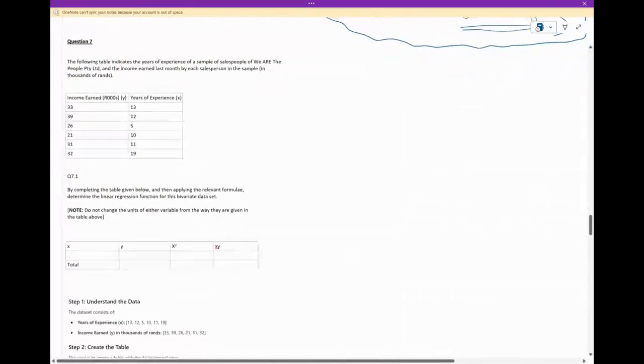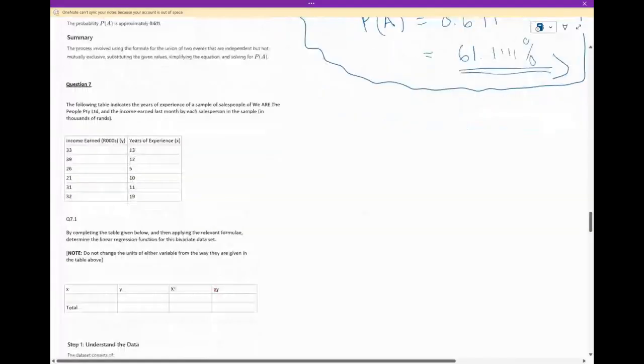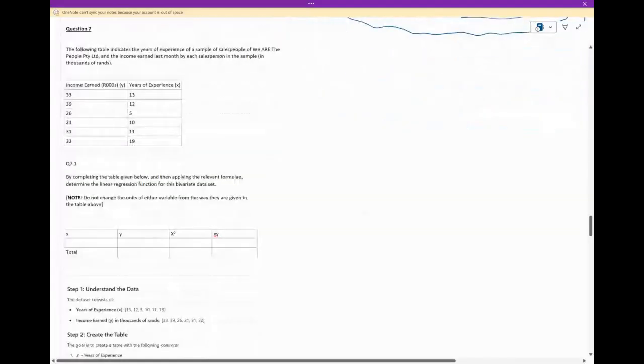So we now know the probability of A is 61.11%. So then here, question 7, let me just go straight to it because I just want to make sure we cover it. They say, determine the linear regression function. In other words, we want to get that linear regression line.